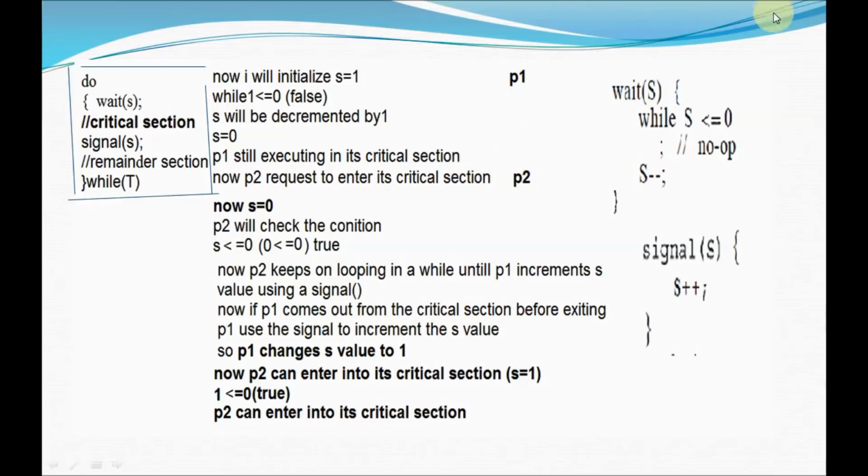But here P1 is interested, I allowed it, and P2 is interested, I allowed it. Thereby progress is satisfied here. I am allowing only the interested process to enter into its critical section. If you have any doubts, please post them in the comment section. So now progress is also satisfied.